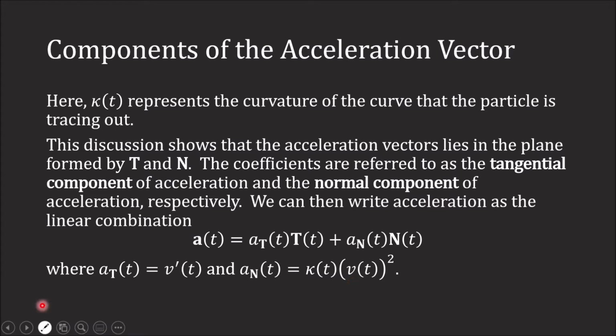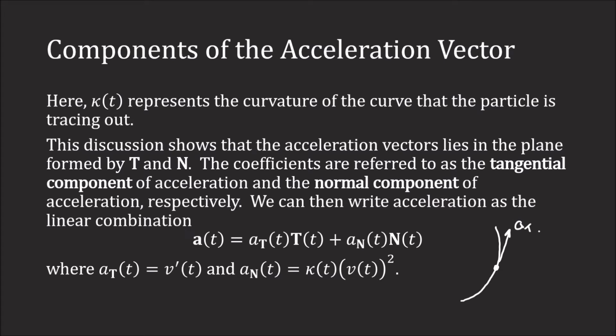So, real quick, let's say this is the curve that the particle is traveling around. So its tangential component of acceleration will be the acceleration that is tangent to the curve. So this is the magnitude of, just a sub T, right?